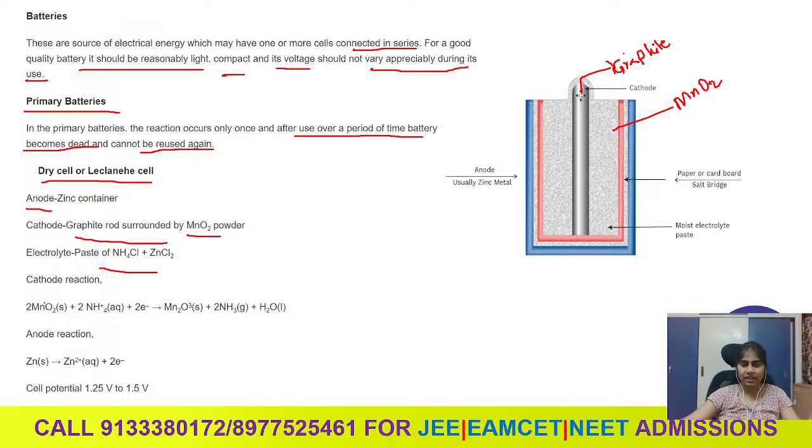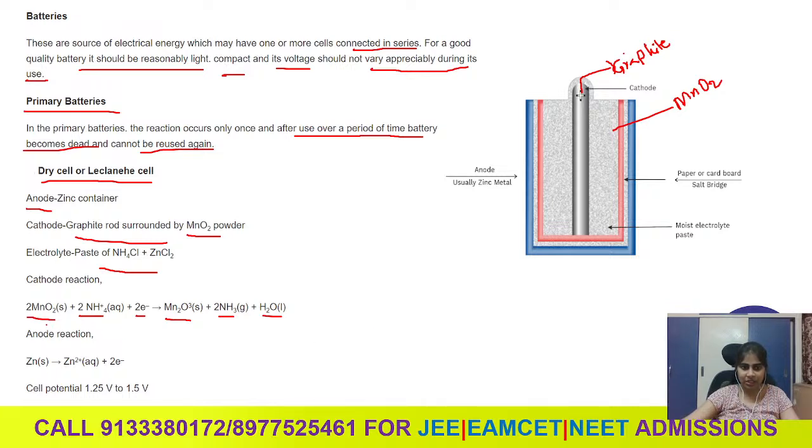There will be cathode and anode reactions. What happens at cathode? This MnO2 reacts with these NH4 plus ions. By gaining 2 electrons, it is converted into Mn2O3 and ammonia gas by releasing water.